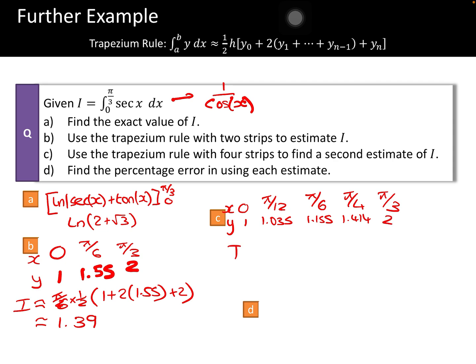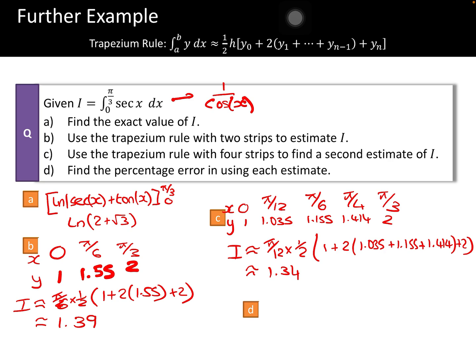And again, we sub in to find our value of I. So this time it's going to be pi over 12 times a half, lots of 1 plus 2 lots of 1.035 plus 1.155 plus 1.414 plus a 2 on the end, and we will get approximately 1.34. Now what we should know, guys, if we have more strips, we are going to be more accurate.